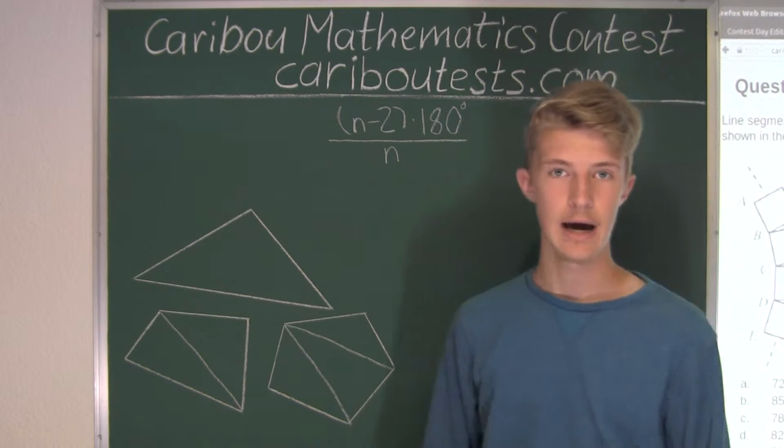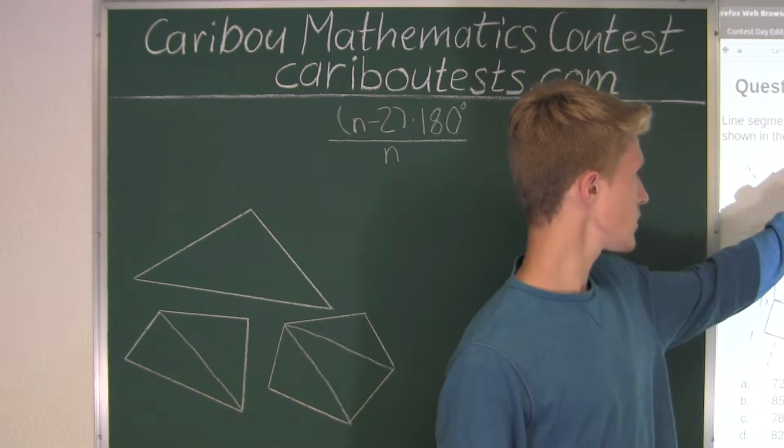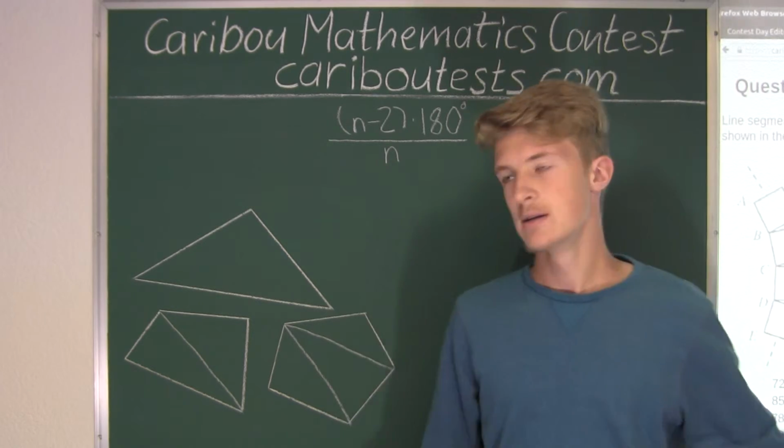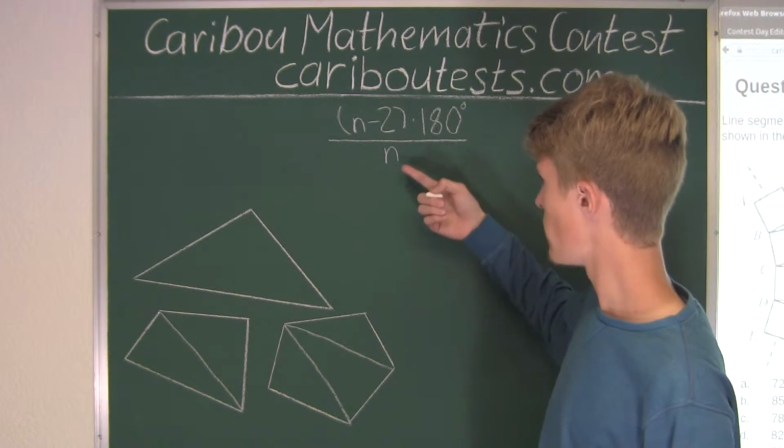Okay, now from our question we know the regular polygon has 12 sides, so we can substitute in 12 for n.